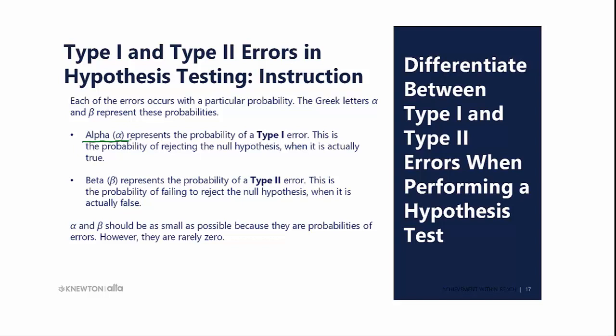What I mean by that is you're saying, look, I'm rejecting H null, I don't believe H null is the correct hypothesis, but you did that when in fact H null is actually true. That is an error. You're supposed to reject H null when H null is actually false. But anyways, alpha is the probability of a type 1 error. Alpha is also called the level of significance.